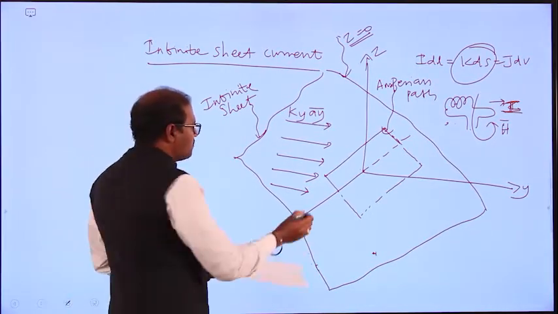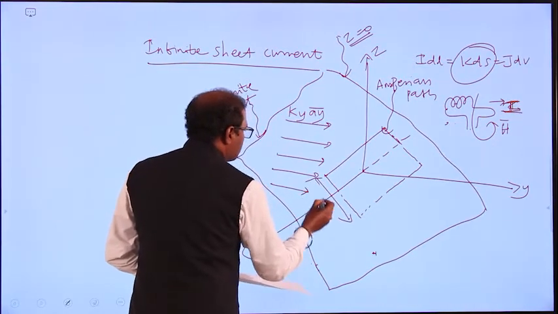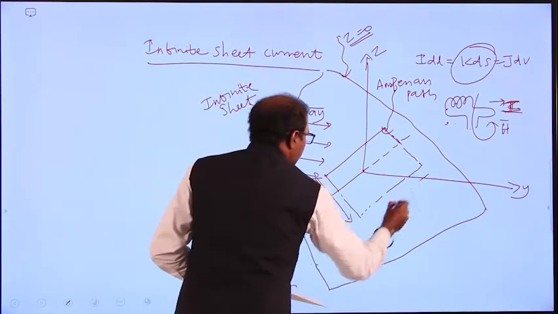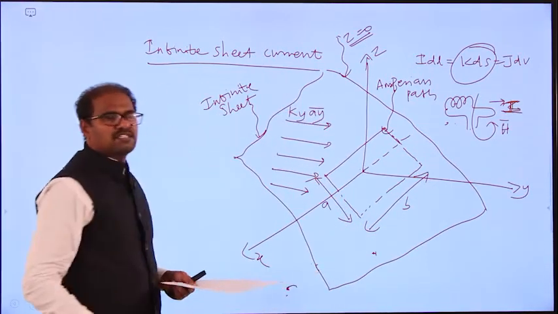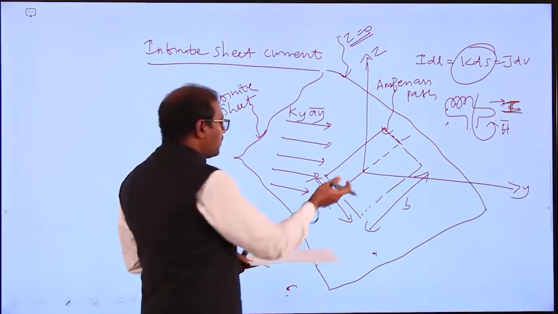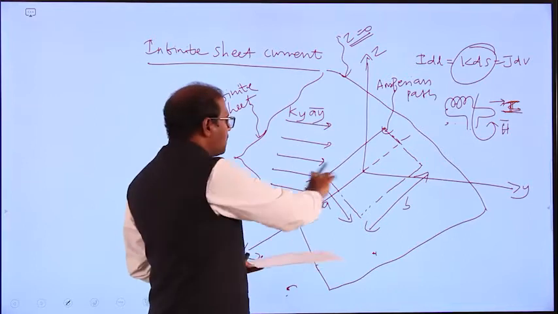The dimension of this one we call A, and this dimension we call B. So we are going to keep one Amperian path in the xy plane.